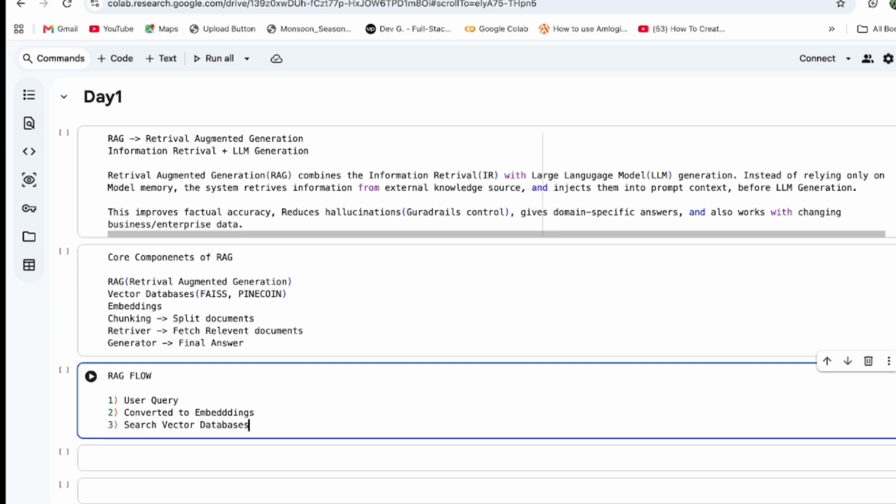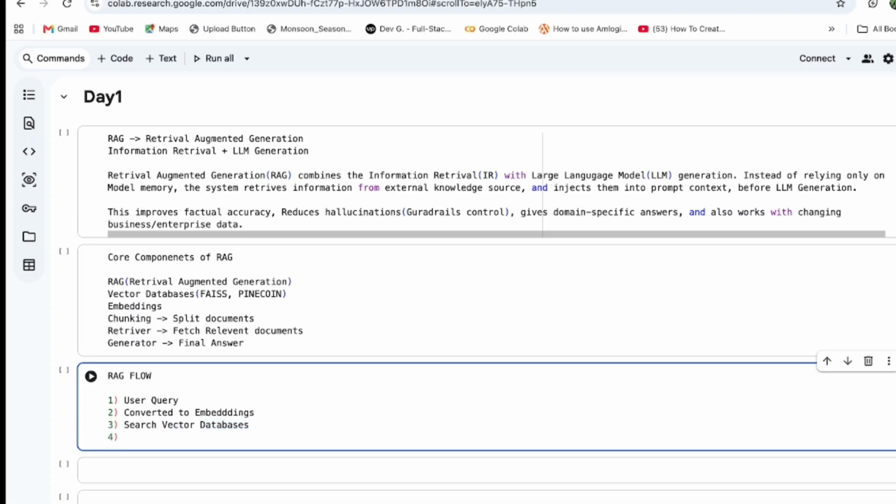Our vector databases have our business data. For example, the user's question is, when will my salary increase? That question is a domain specific question, and we put all our domain specific data in vector databases. So the user query is searched in the vector databases.